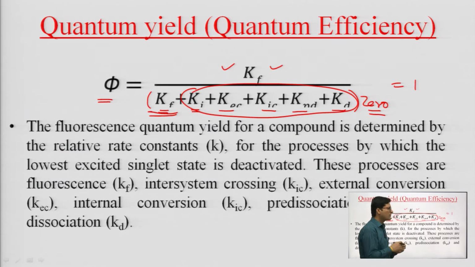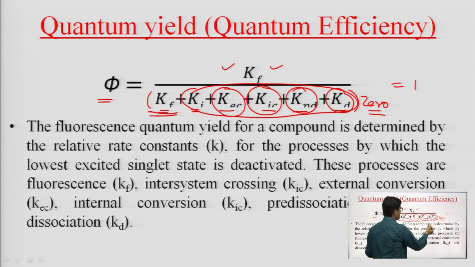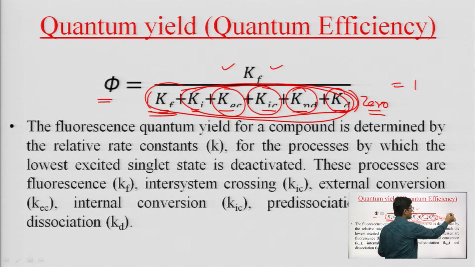If your deactivation has other processes also, like external conversion, internal conversion, pre-dissociation or dissociation, then the whole sum in the denominator will increase, and due to this the overall ratio will decrease from 1.